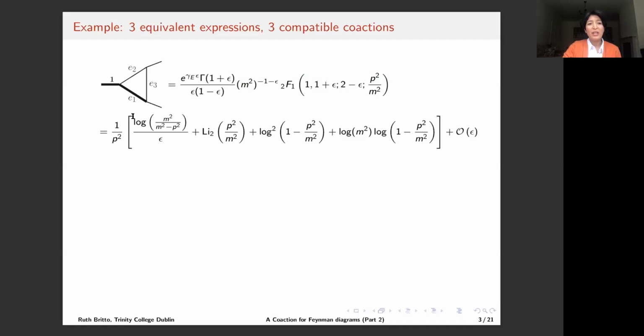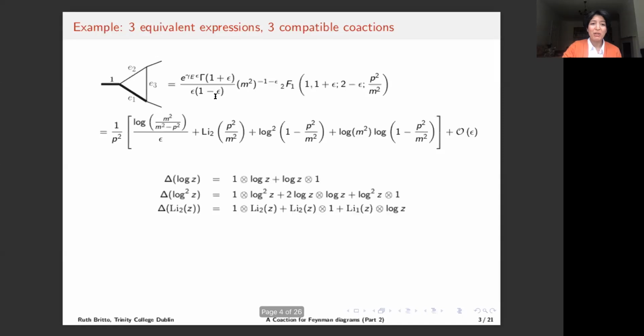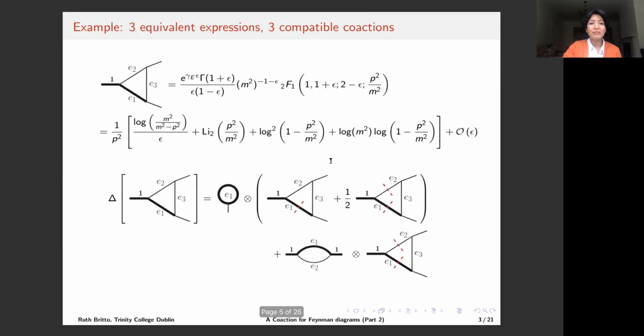So now we can take, for example, as our starting point, the coaction on the multiple polylogs, and we can identify that in the epsilon expansion with this diagrammatic coaction, and now we'll take it to the next level and lift it to the coaction on hypergeometric functions. Here are examples of how you would coact on the logarithms appearing in this equation. We have also the diagrammatic version here.